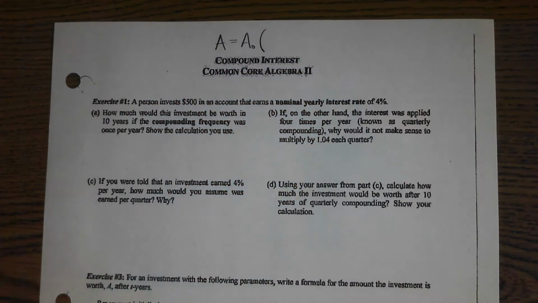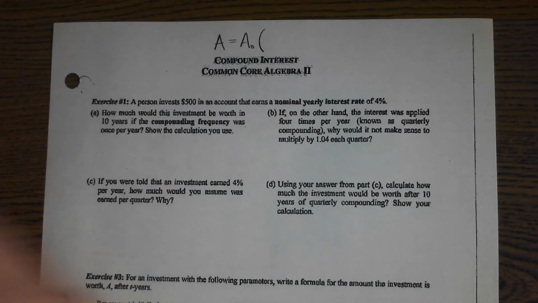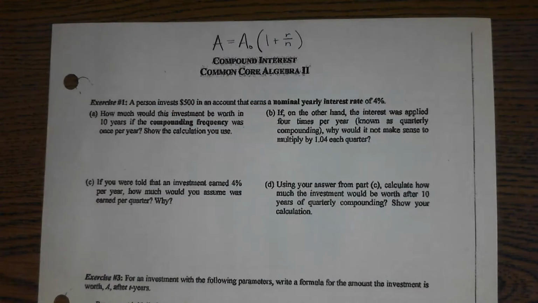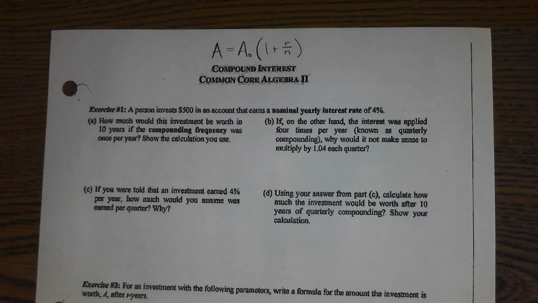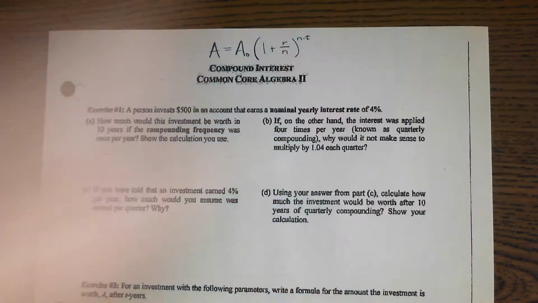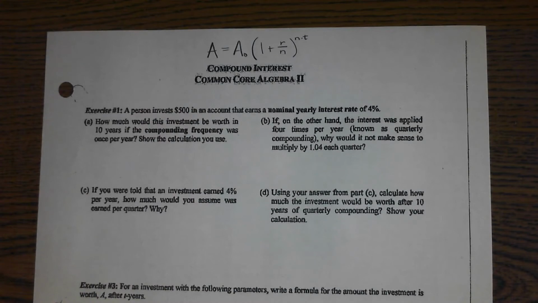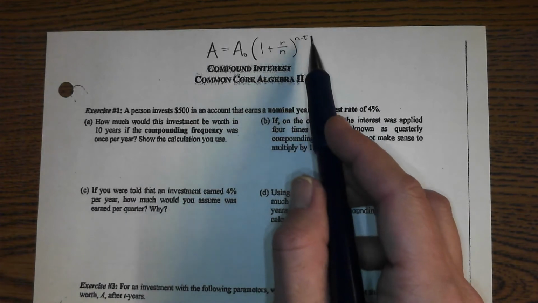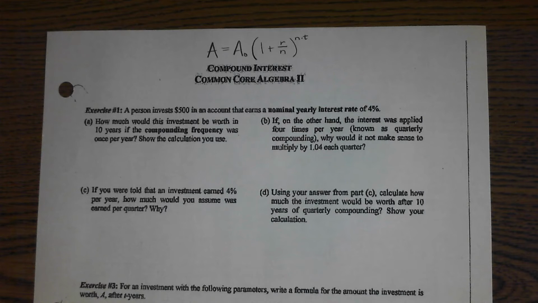It's not 1 plus R anymore, but it's 1 plus R over this N, and we'll talk about what N equals. And it's not just to the T power, it's to the N times T power. So R still stands for rate as a decimal. T still stands for the amount of time. What the N is, is the number of times it's compounded.